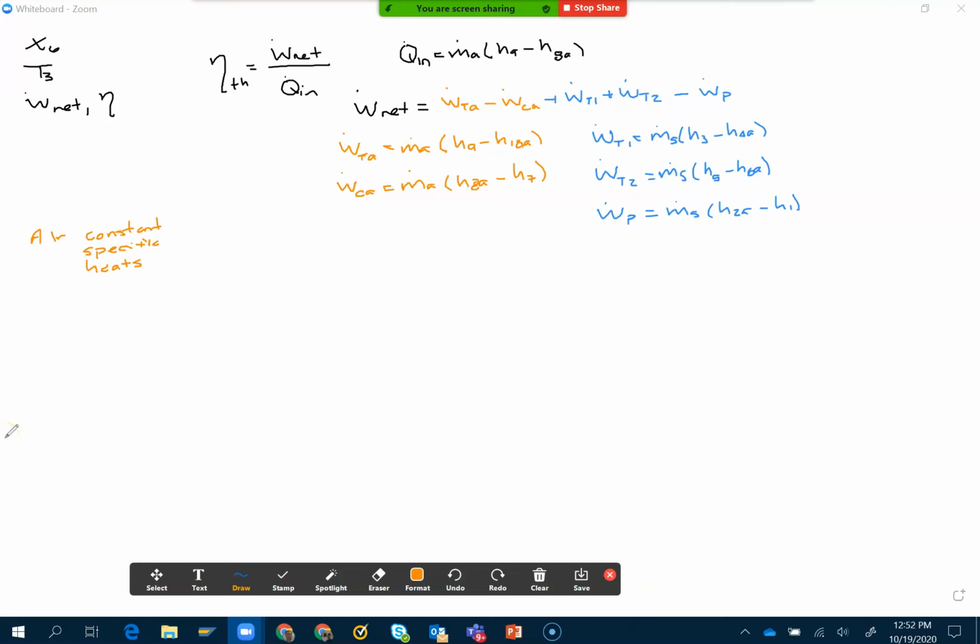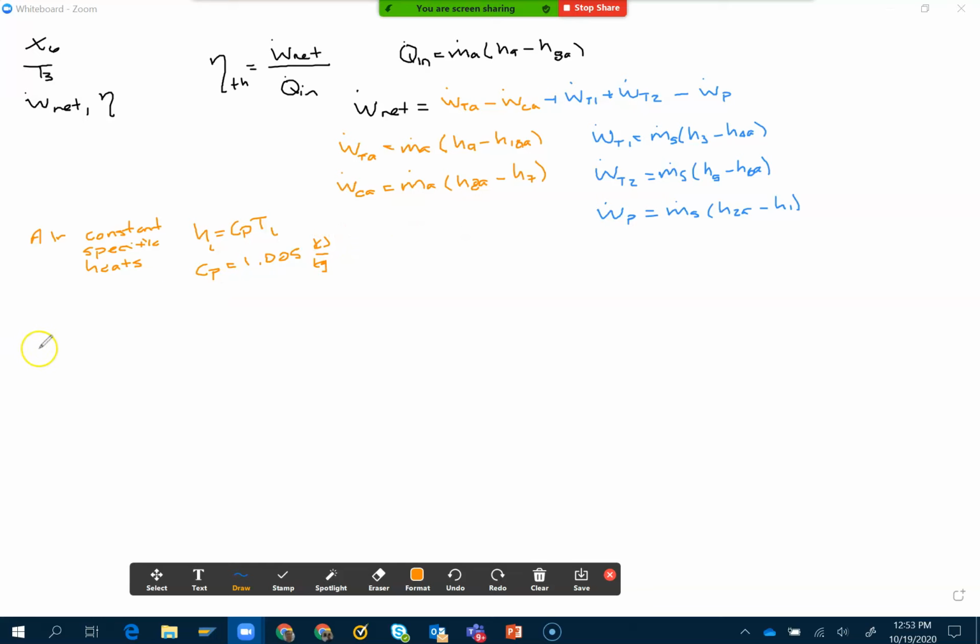But if we decide to do it with variable specific heats, we know how to use the tables. So for each h, we know that it is cpT for each of the h that we need to find out, and cp is 1.005 kilojoules per kilogram-kelvin, right? So we need to find each temperature.